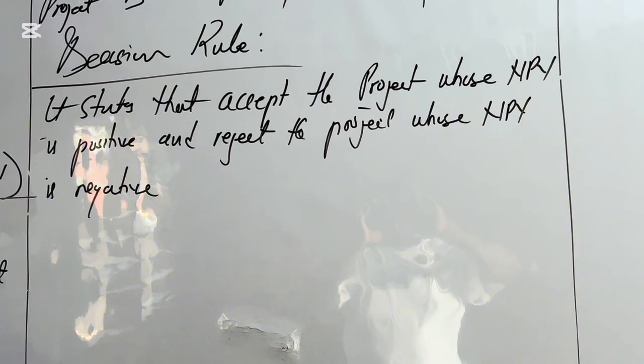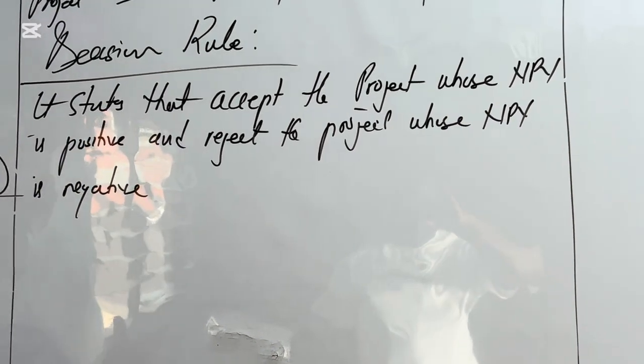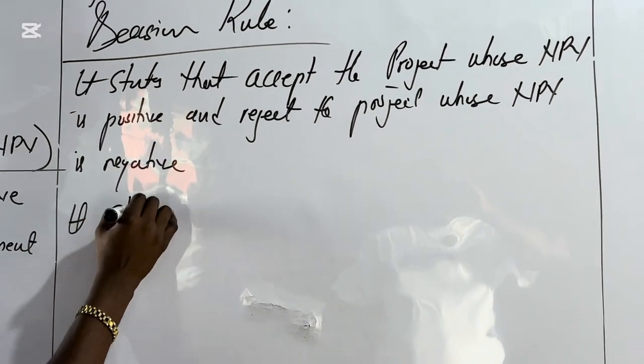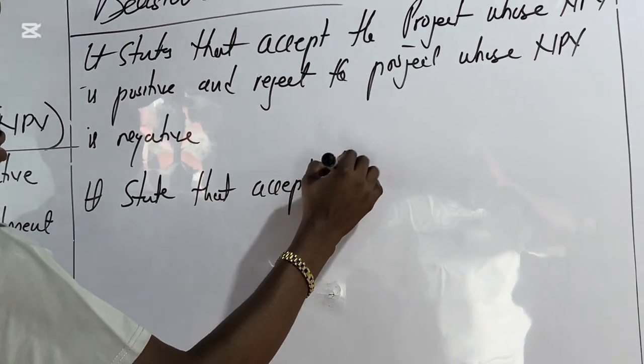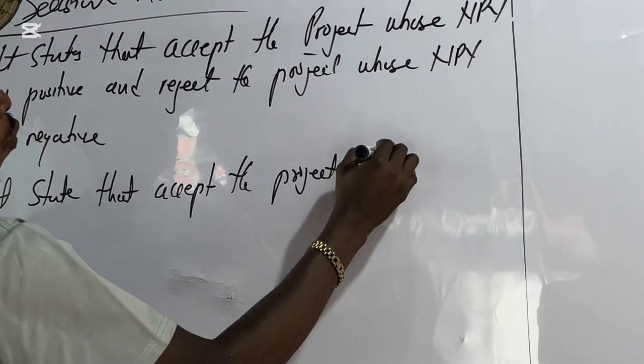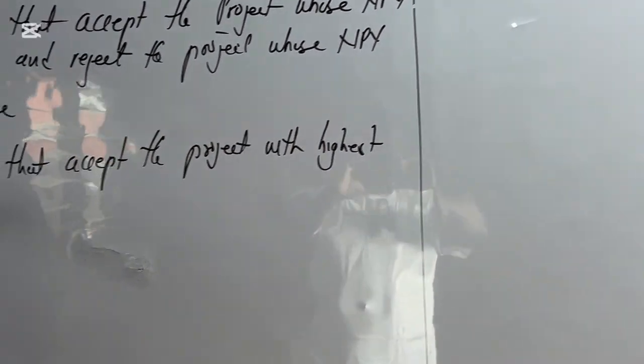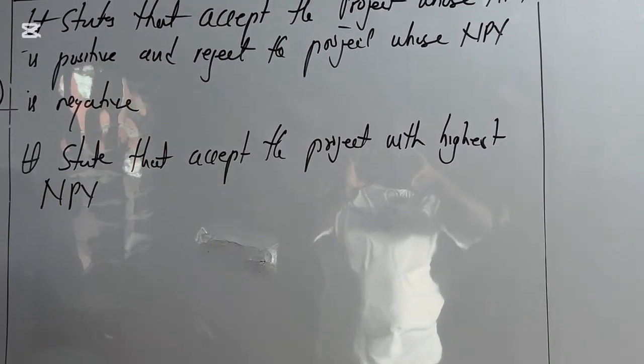And also, if it has to do with a mutually exclusive project, the decision rule states that you accept the project with the highest net present value. Simple as that.